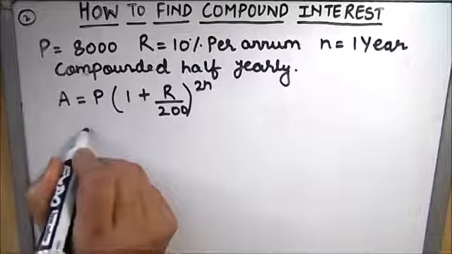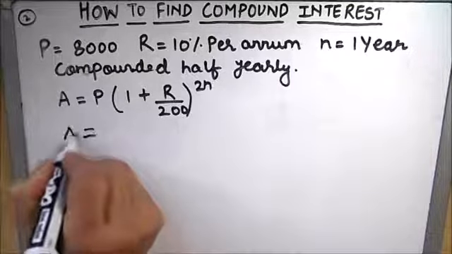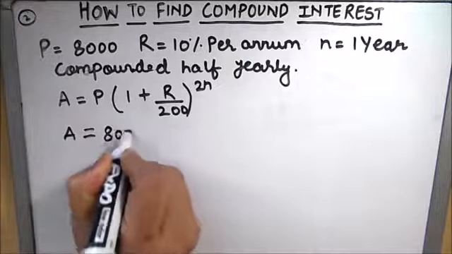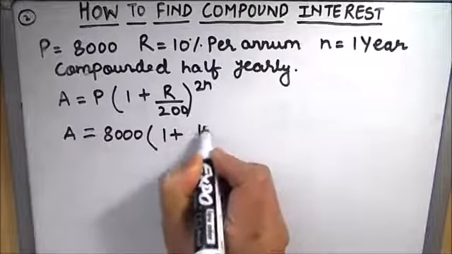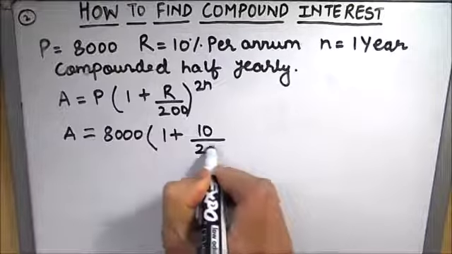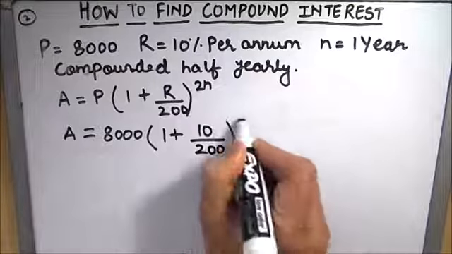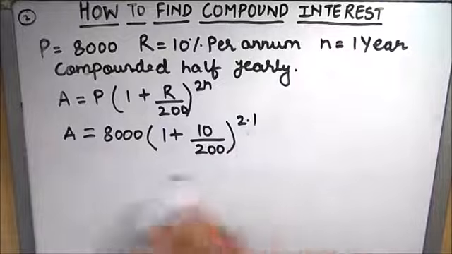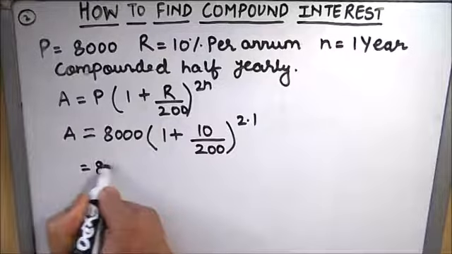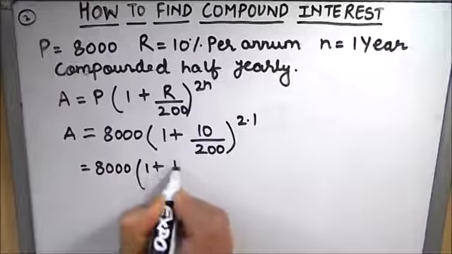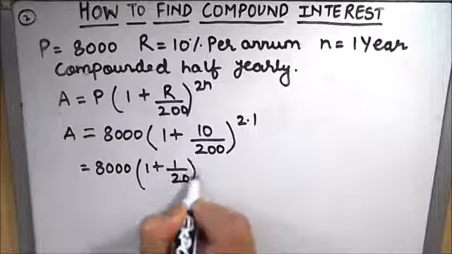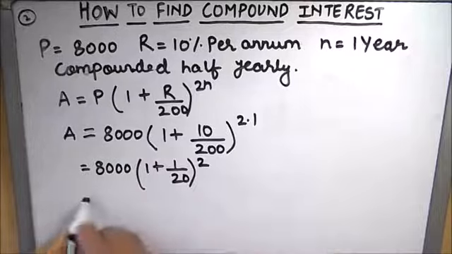So we'll substitute the values here. So 8,000, 1 plus R is 10% over 200 raised to power 2 times 1. So this will become 8,000, 1 plus 1 over 20 raised to power 2.